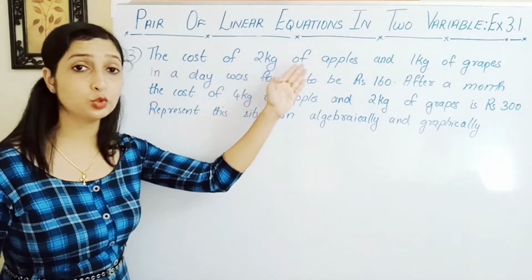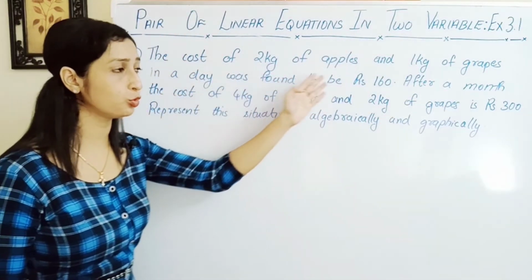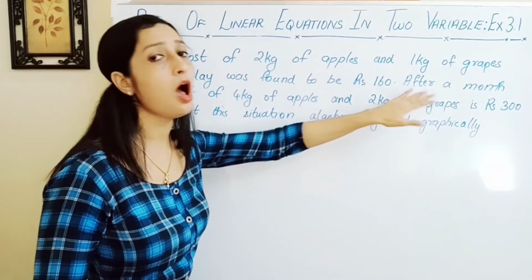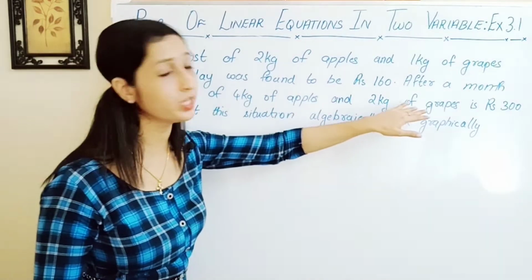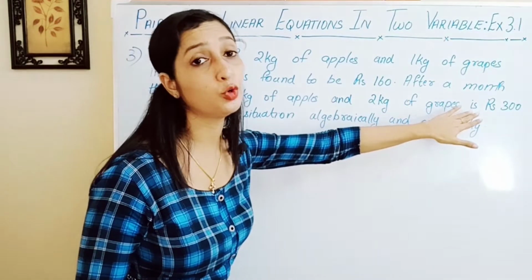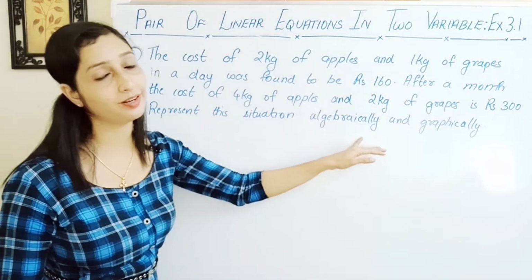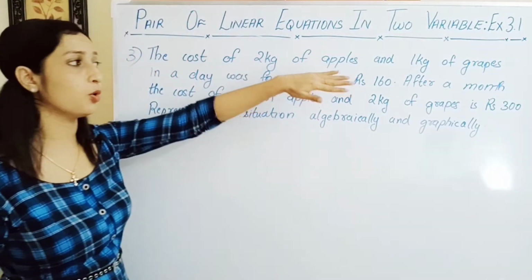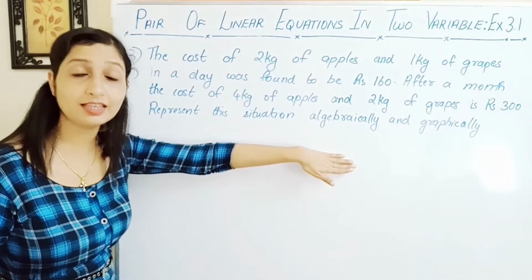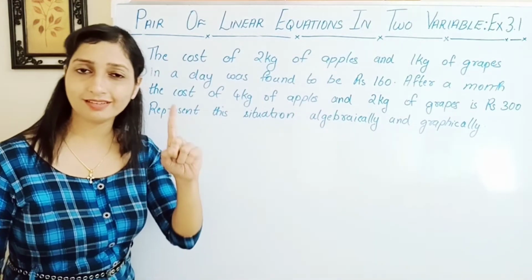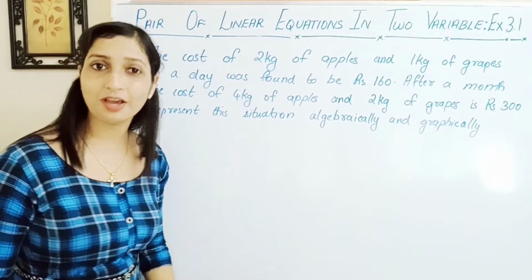The cost of 2 kg of apples and 1 kg of grapes in a day was found to be rupees 160. After a month, the cost of 4 kg of apples and 2 kg of grapes is rupees 300. Then represent this situation algebraically and graphically. So now what do you take x and y as? You take x as the cost of 1 kg of apple and y as the cost of 1 kg of grapes.